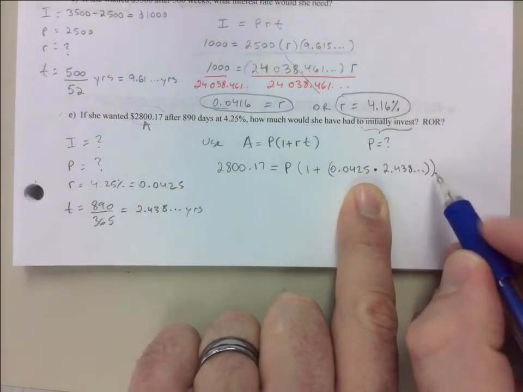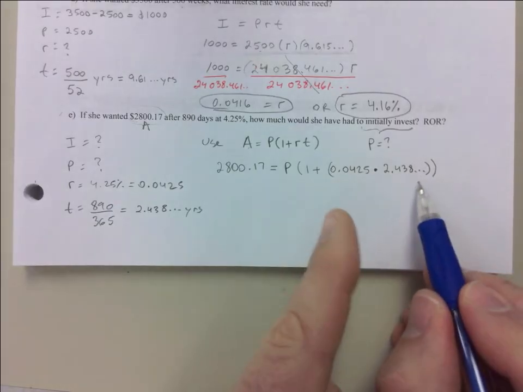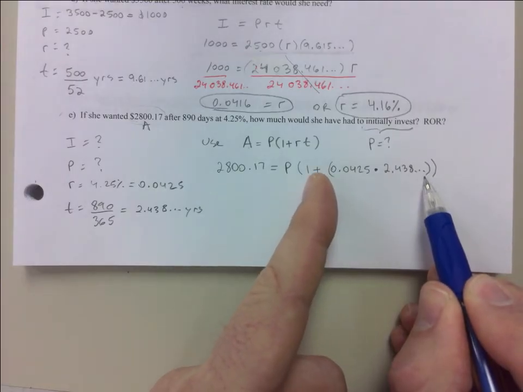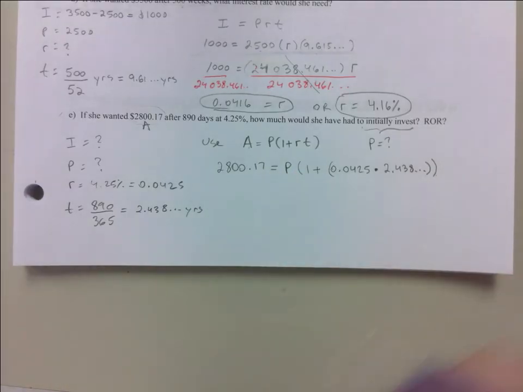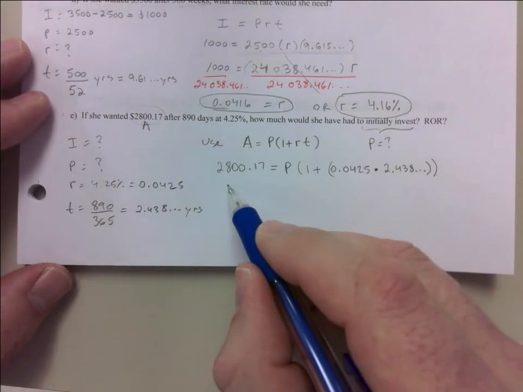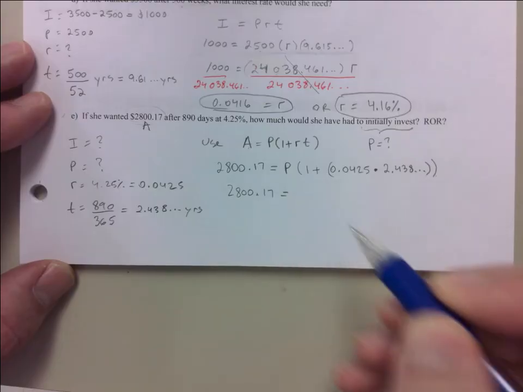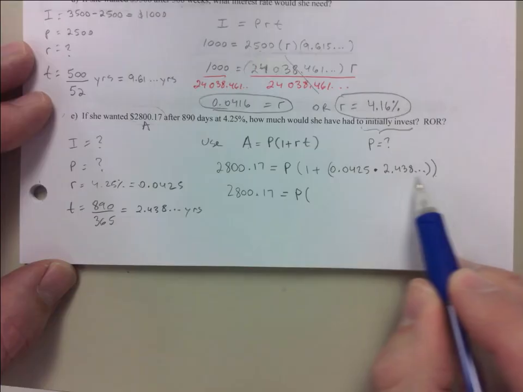Notice that there's like a double bracket situation happening here. Because I want to figure out what this is in here, then I need to add 1 to it to go out a bracket, and then I multiply by P technically at the end. So this is 2,817 is equal to, I don't know what P is. I can figure out what all of this is.